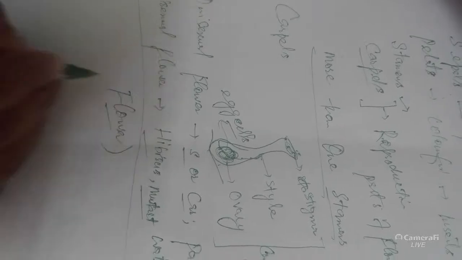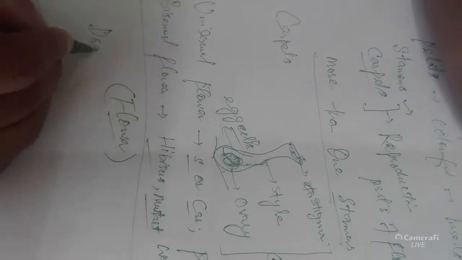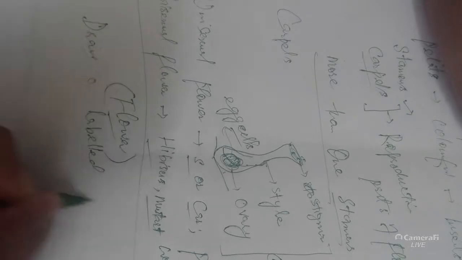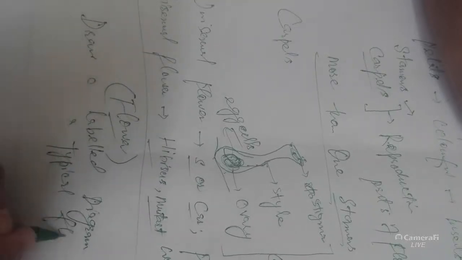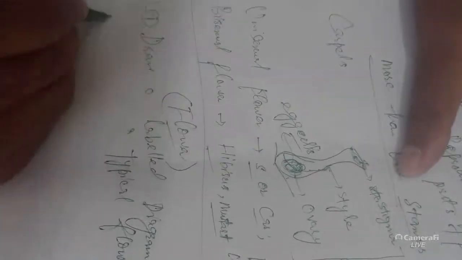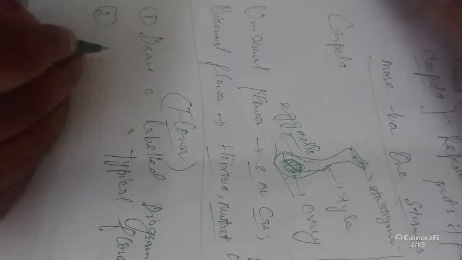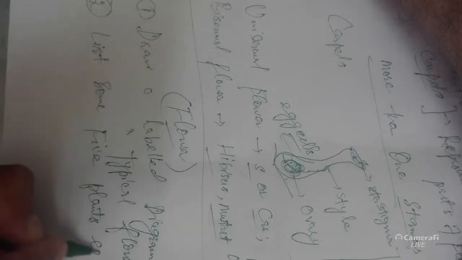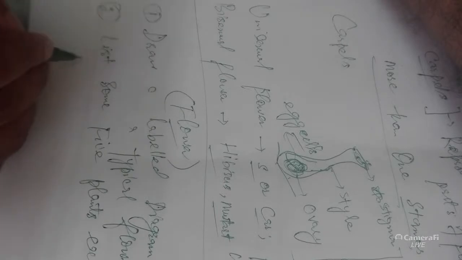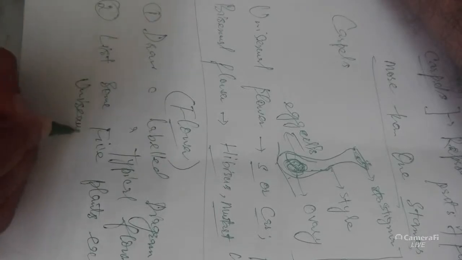Now from you, my students, I want you to draw a labelled diagram of a typical flower. The second thing I want from you is to list five plants each having unisexual flowers and bisexual flowers.